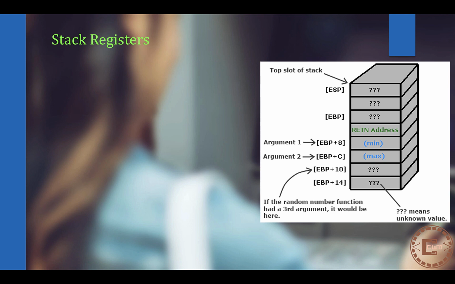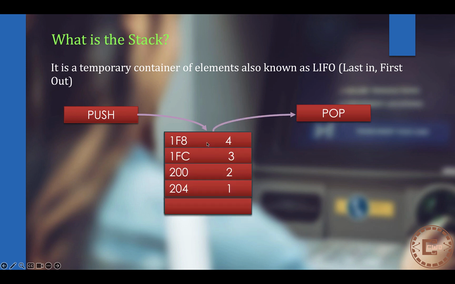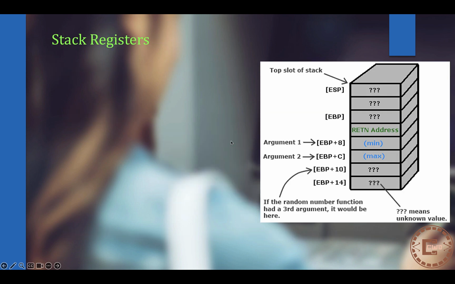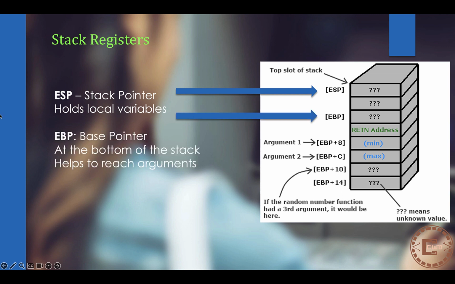What I just explained to you guys, like this guy here, the last guy added, located at 1F8, exactly here is where ESP is pointing to, at the top, which is exactly this guy at the top. Okay, so this is ESP. Then you have EBP.